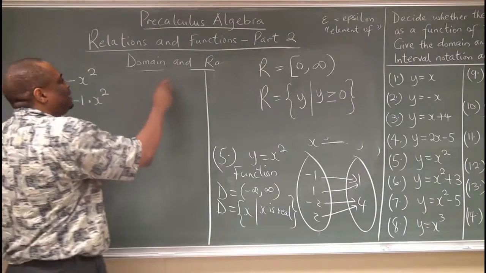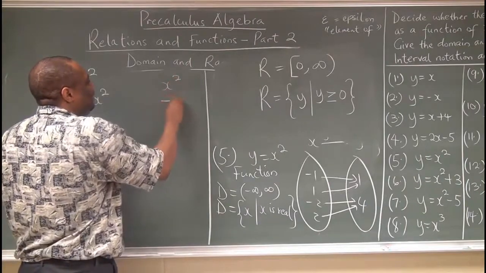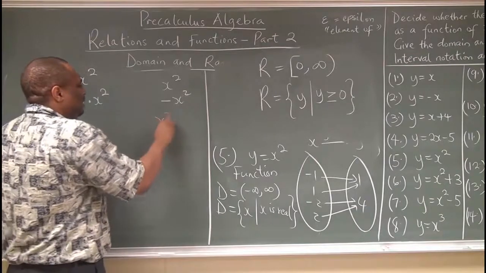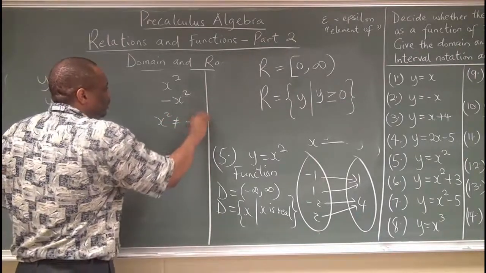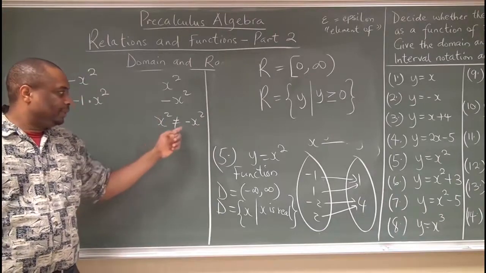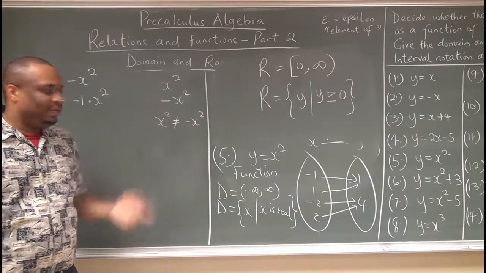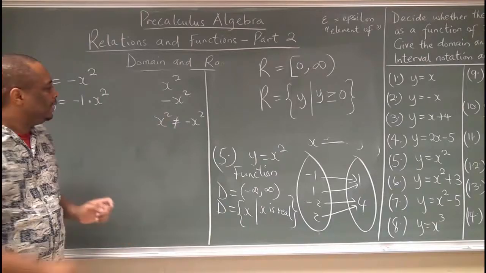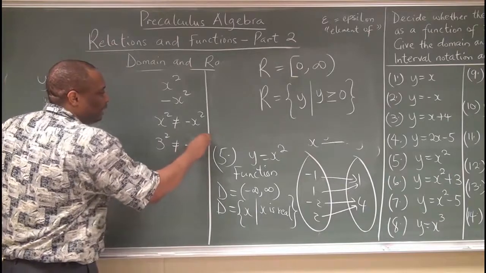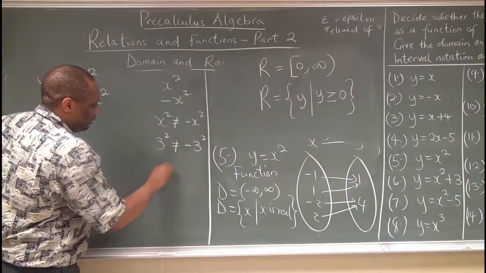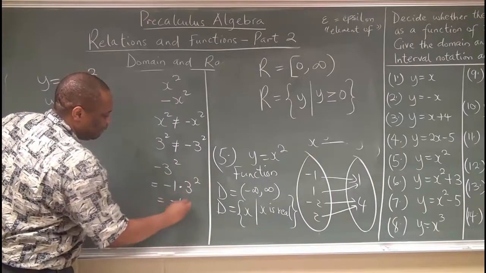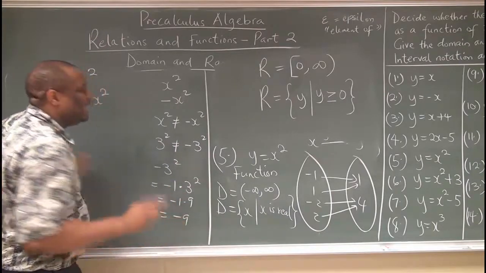Please, x squared and negative x squared are not the same thing, because students make some mistakes here. They think that x squared and negative x squared are the same. It's not. 3 squared is not the same as negative 3 squared. Negative 3 squared means negative 1 times 3 squared, which is negative 1 times 9, which is negative 9.